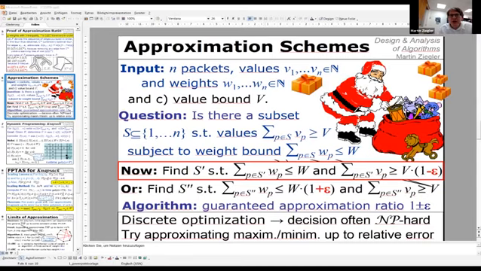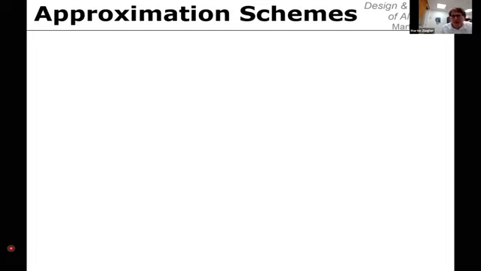So we are talking about approximation algorithms. We have seen an approximation algorithm, namely one for the metric traveling salesperson problem, an algorithm which had approximation ratio 2, which is what distinguishes an algorithm from a heuristic, an approximation heuristic.